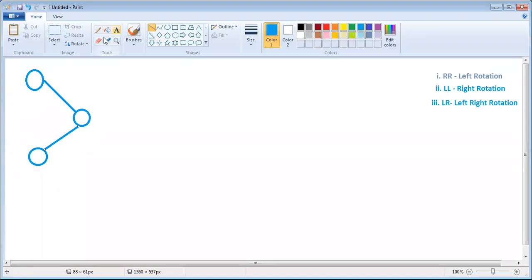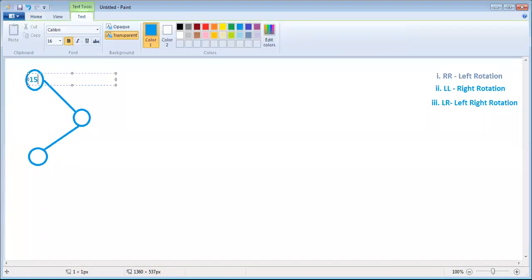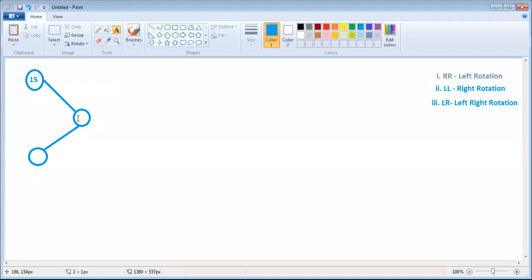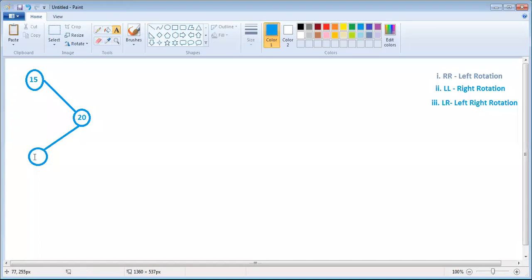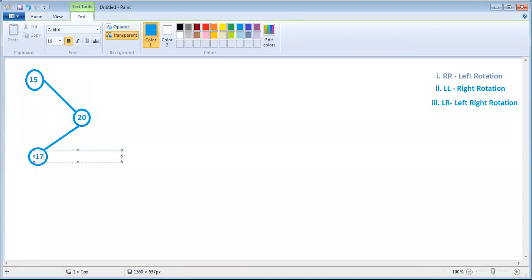Any example can you tell? 12, 15, and for example 20. Is that fine?